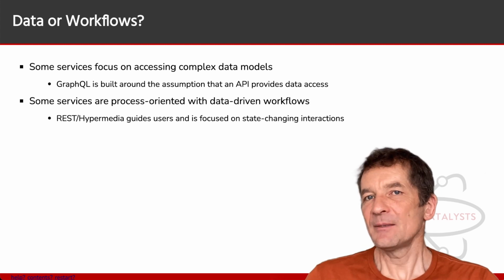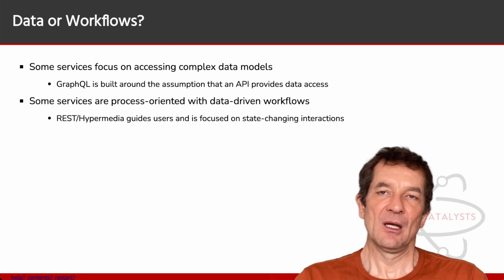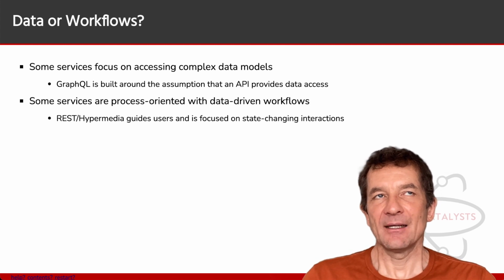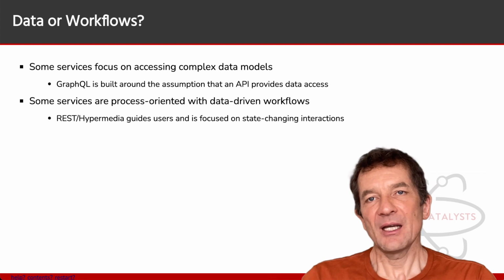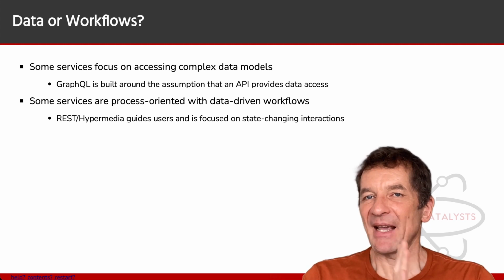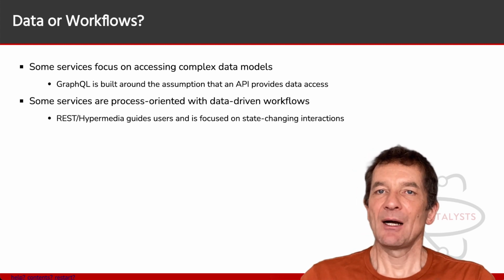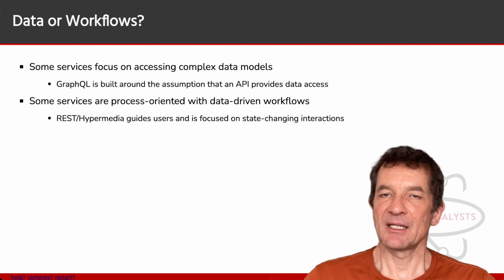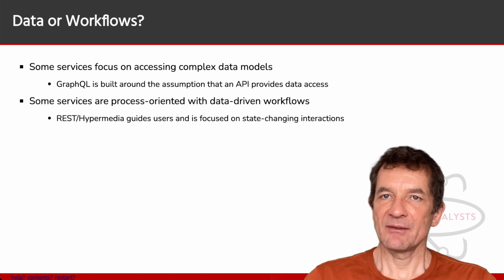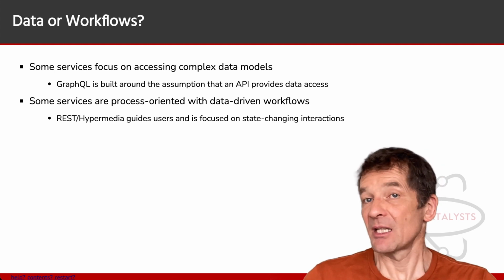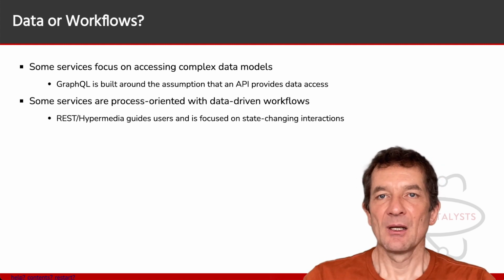Is it more data or is it workflows? This is not really a strict distinction between those two things. But GraphQL definitely works better when you think more about data, meaning that the data that you have is exposed as a graph, and you can query into this graph and you get back that part of the graph that you were asking for. So that's nice.